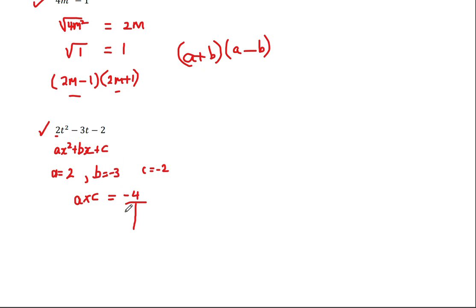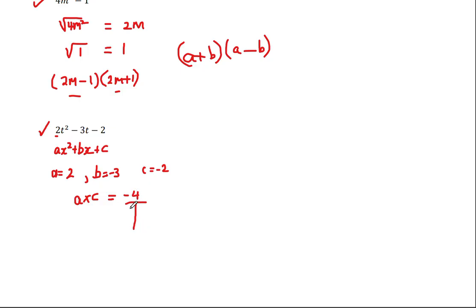For those numbers to be acceptable, they must meet two conditions: when you multiply them, you get AC, and when you add them, you get B. If it's difficult to find those two numbers mentally, I recommend you write down all the pairs of numbers that multiply to give AC, and see which pair adds to give you B.